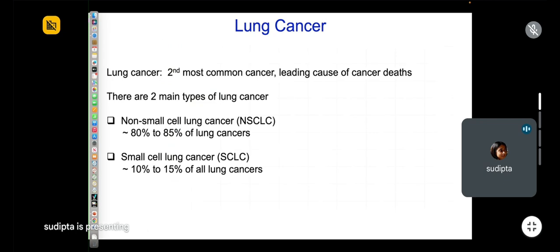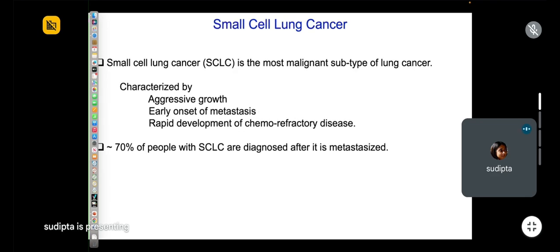Now, there are two types of lung cancer. One is non-small cell lung cancer, which is the majority of lung cancer, and the other is small cell lung cancer. Although non-small cell lung cancer is the major part, small cell lung cancer is the worst one. When it is detected, it is almost not curable, and almost everyone dies.